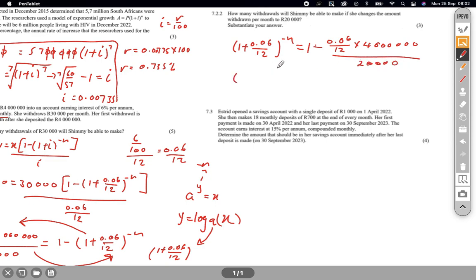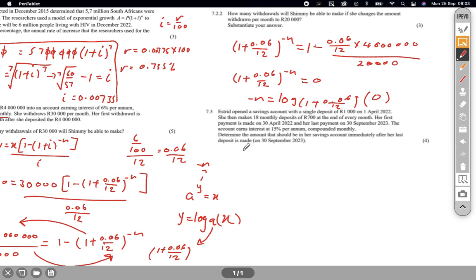Now, if you go ahead and punch this into your calculator, you're going to get a 0. So if you try to get the log of this, you're going to have negative n is equal to log of 0.